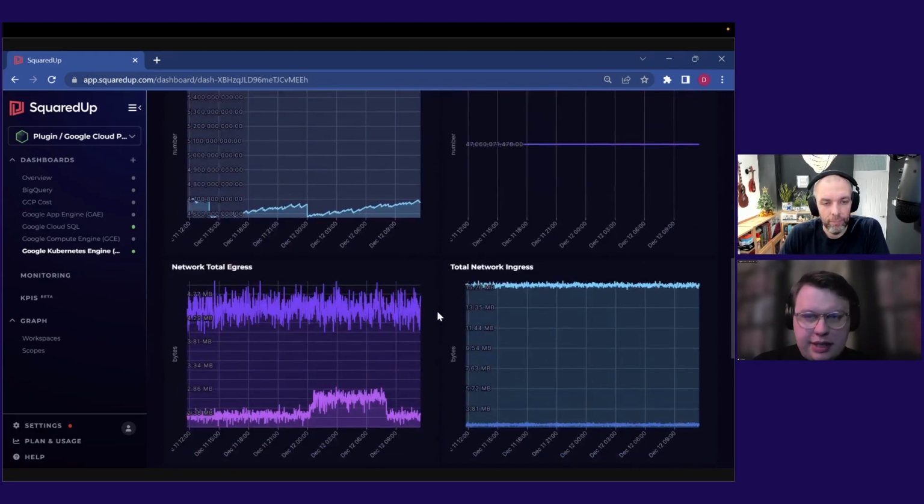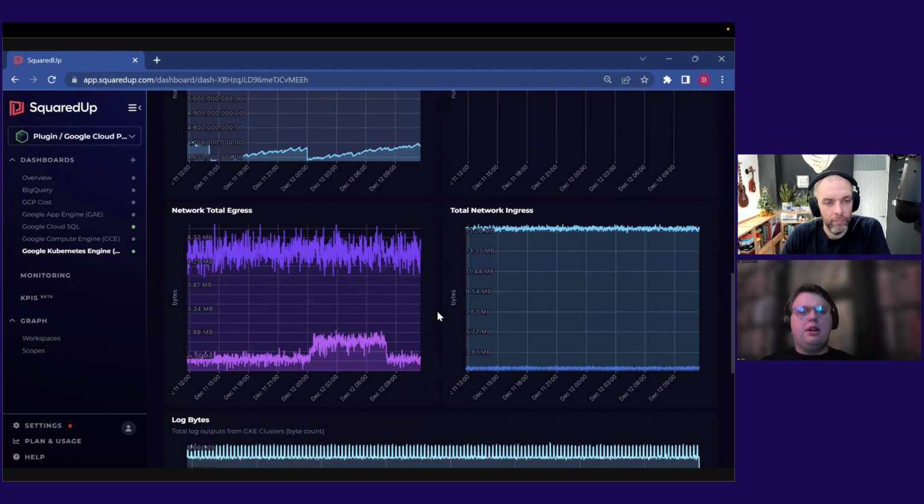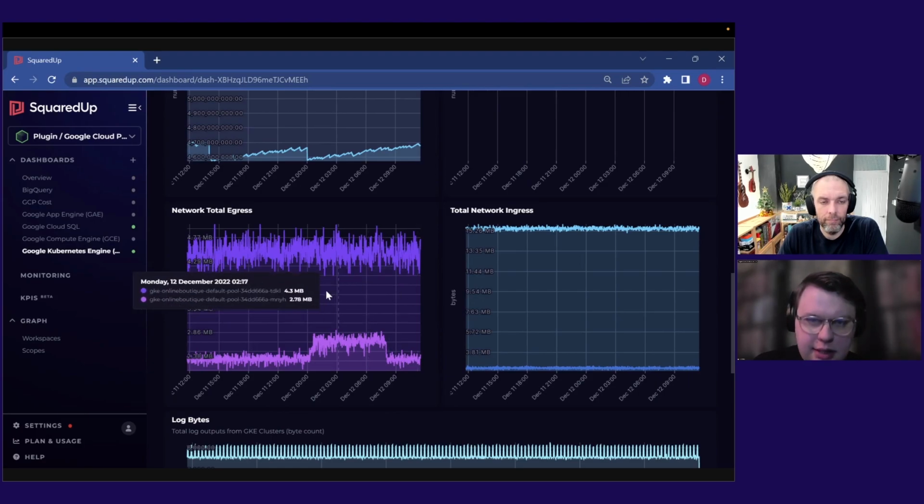So scrolling down a little bit more, we've got our egress and ingress setup for our total network usage. This is calculated based off of the network coming off of the hosts that host your node pools, essentially on your nodes. If I hover over here again, you can see the names of your GKE nodes.